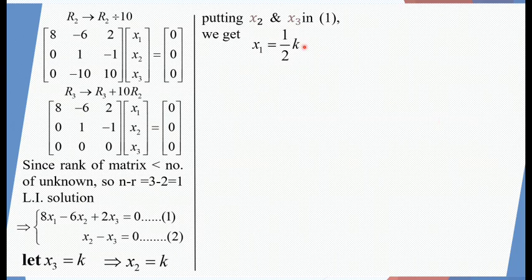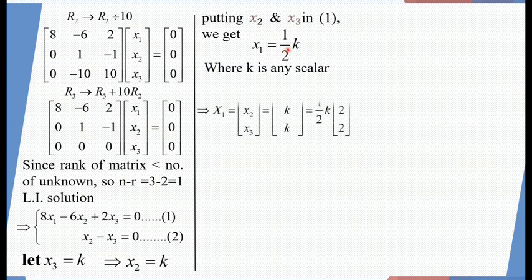Now putting x2 and x3 in equation 1, we get 8x1 minus 6k plus 2k, so it will be 8x1 minus 4k equals 0, or x1 equals k by 2. So capital X1 is x1, x2, x3, or k by 2, k and k. We can take k by 2 as common, so this eigenvector converts into 1 2 2. So this is the first eigenvector.